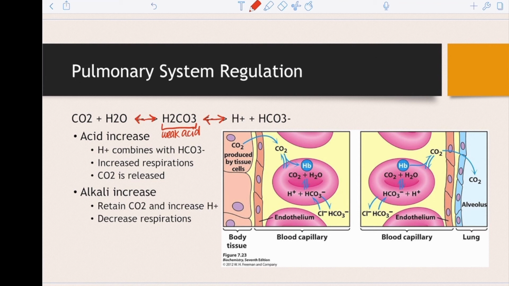Your weak acid can either dissociate into a proton and bicarbonate, or it can dissociate into CO2 and H2O, CO2 being an acid that we're going to breathe out.